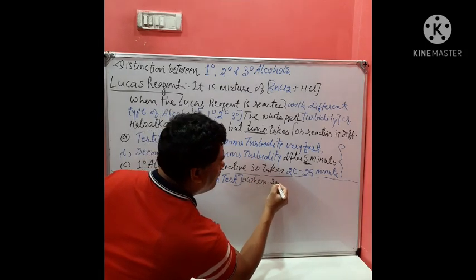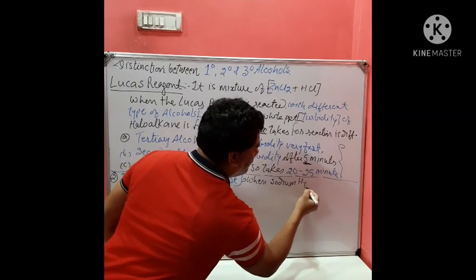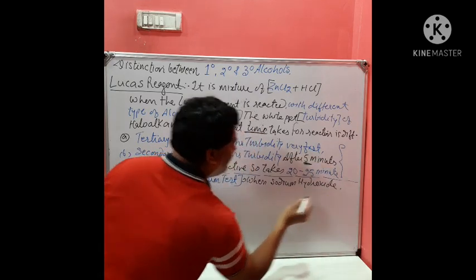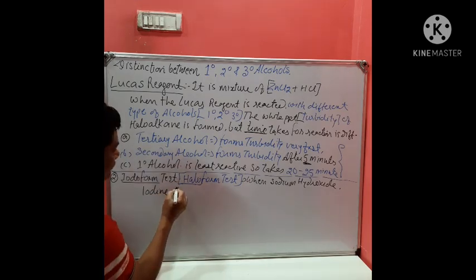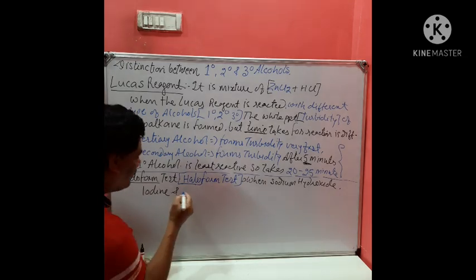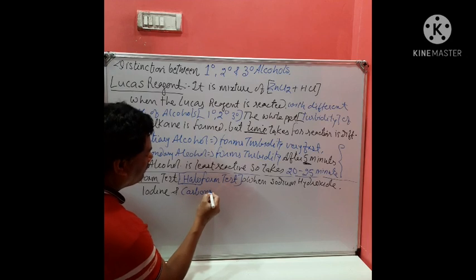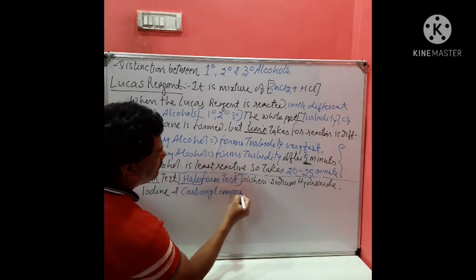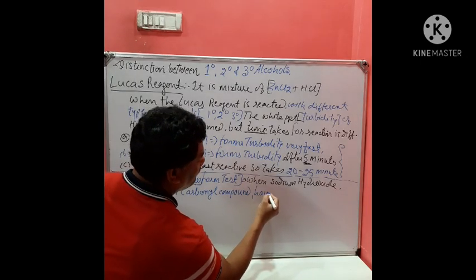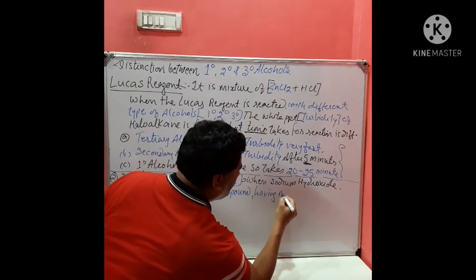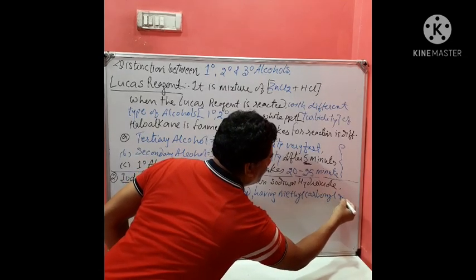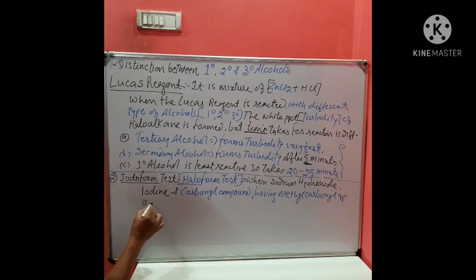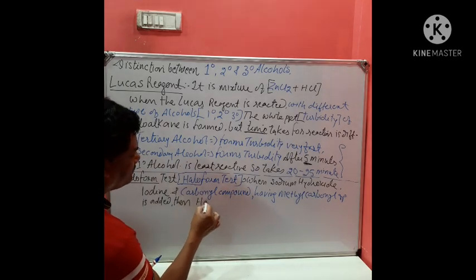When sodium hydroxide, iodine, and carbonyl compounds having a methyl carbonyl group are added, then haloform is formed.